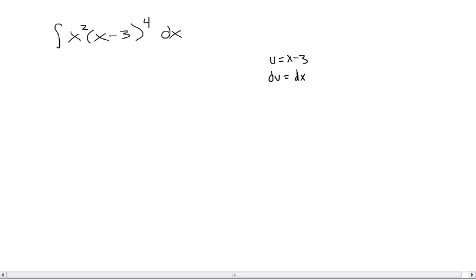And now, if we look at what we're going to substitute for, x minus 3 is going to be equal to u, and dx is going to be equal to du. But now we need to get a substitution for x squared. So we're going to do this by solving u equals x minus 3 for x.